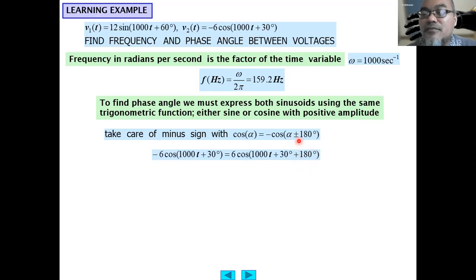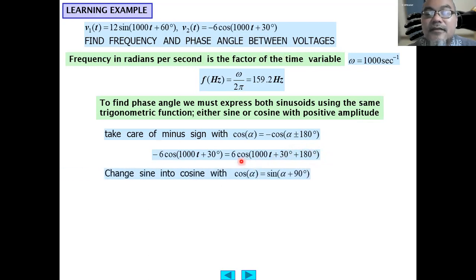In this case, we choose plus. You could also choose negative, but then the phase will be negative. Let's here choose positive, so 30 degrees plus 180 degrees equals 210 degrees, right? So 6 cosine(1000t plus 210 degrees).